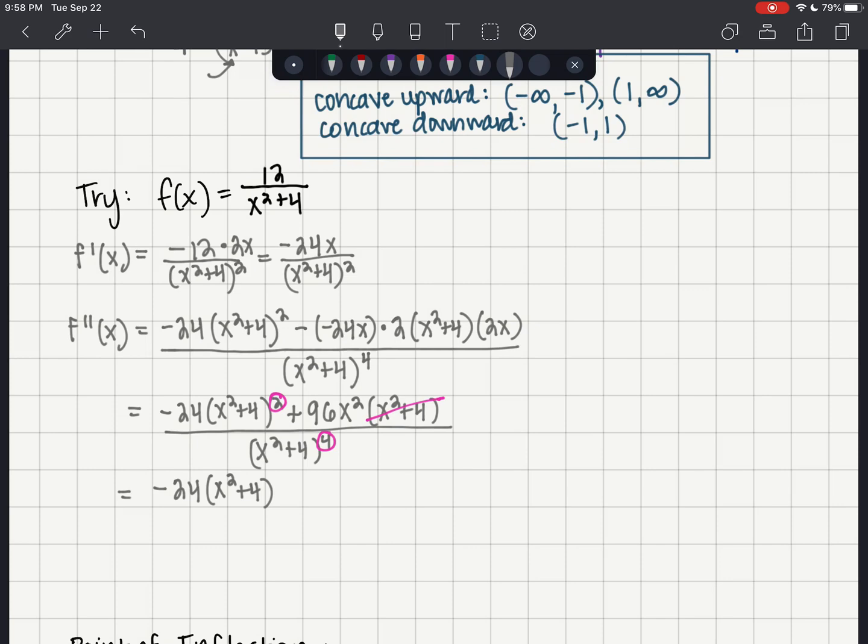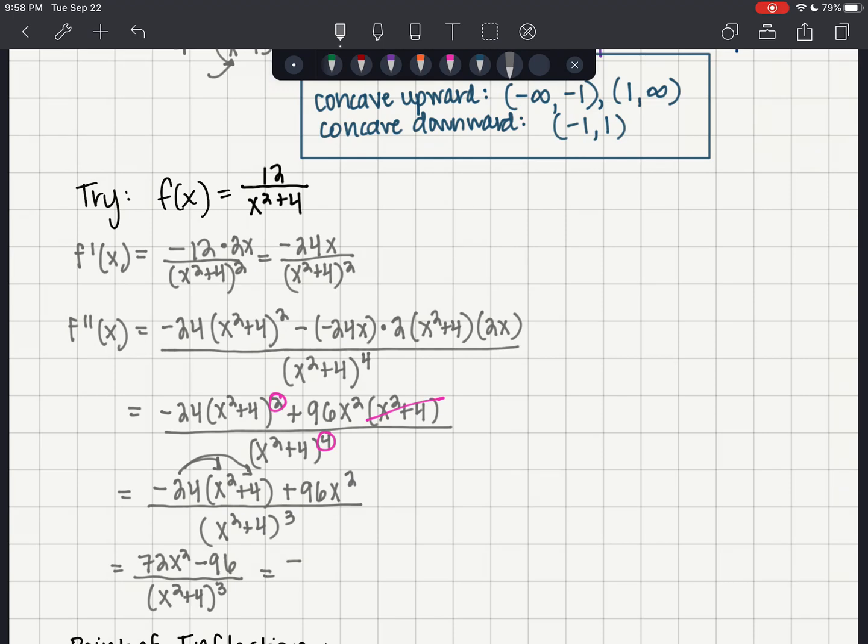Negative 24 times (x squared plus 4), plus 96x squared, all over (x squared plus 4) quantity cubed. 96x squared minus 24x squared is 72x squared. Negative 24 times positive 4 is negative 96, all over (x squared plus 4) quantity cubed.